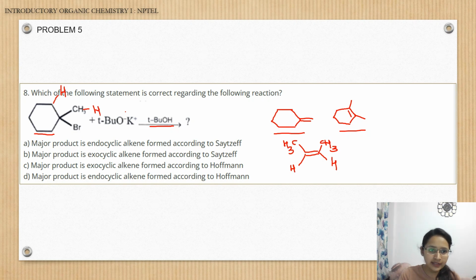If it is getting eliminated, then you will have an alkene that is getting formed inside the ring, right? But if you form this particular alkene, then the exocyclic alkene is getting formed. So just tell me, which is more substituted, the exocyclic alkene or the endocyclic alkene? Which is the more substituted alkene?